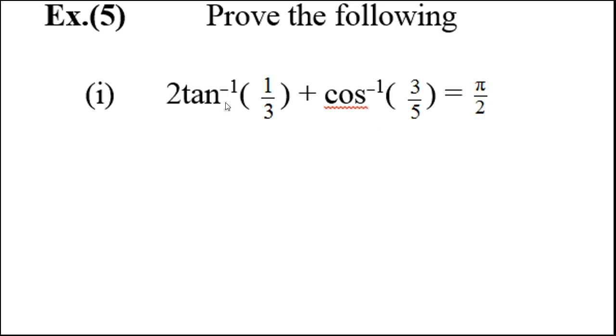And we use finally the standard result sin inverse x plus cos inverse x is equal to pi by 2 and we get the answer.